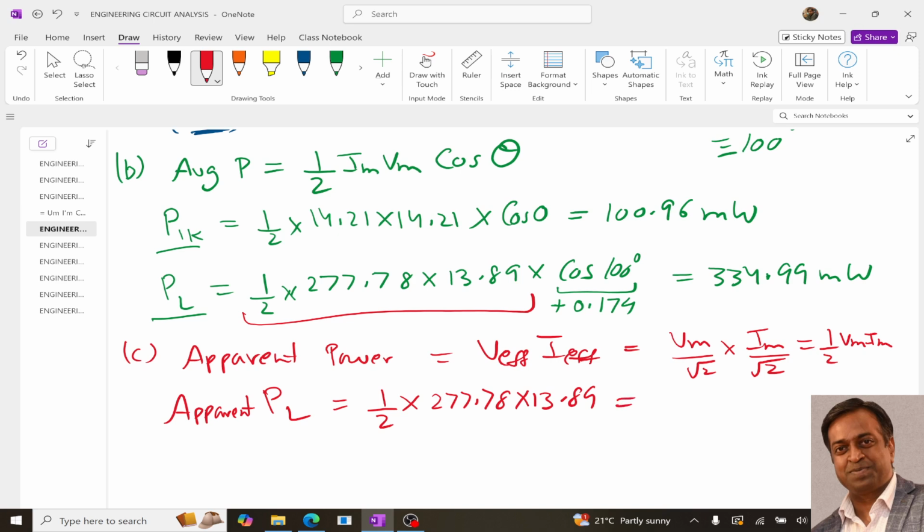So it will be 1929.18 milliwatt. Right? So this is our apparent power.